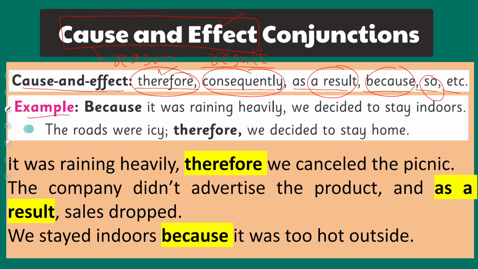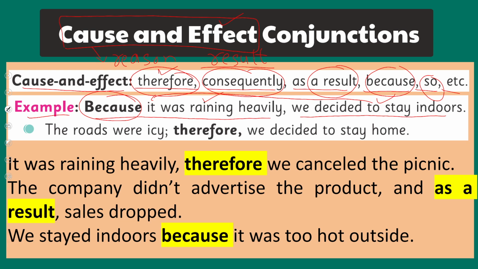For example, because it was raining heavily, we decided to stay indoors. Now, students, we have a situation. It was raining heavily and we stayed indoors. So, in order to connect these, we have the word because. Why did we stay indoors? There must be a reason, and the reason is our cause, because it was raining heavily.